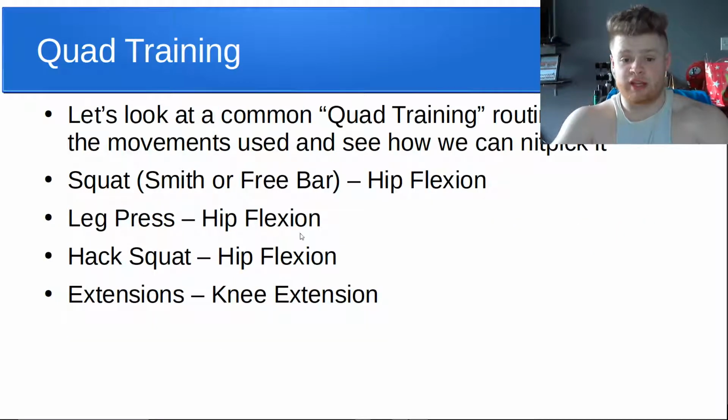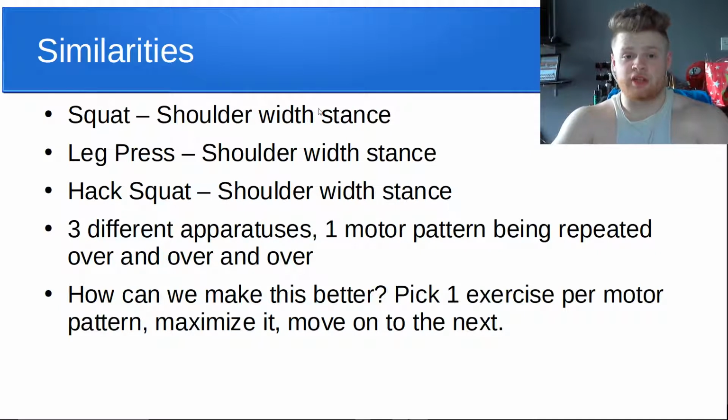They're working to flex the hip, and they're done in the same motor pattern with a shoulder width stance. We are using three different apparatuses, a free weight barbell, a leg press, and a hack squat machine, to repeat the same motor pattern, a shoulder width hip flexion movement, three times.